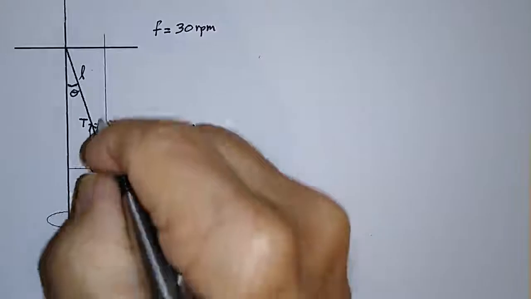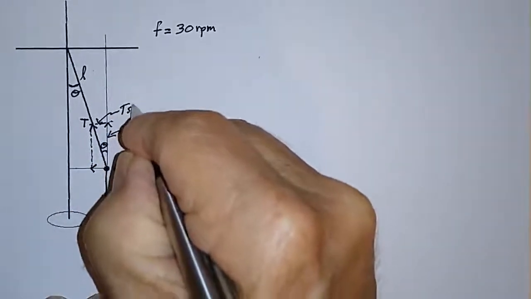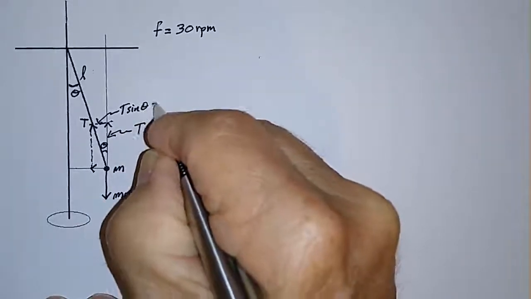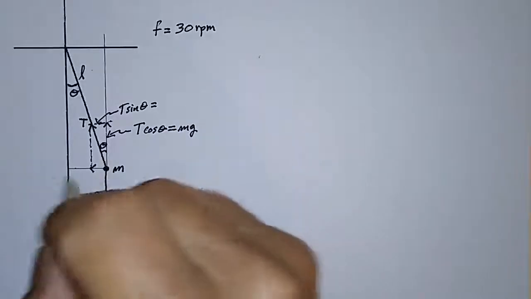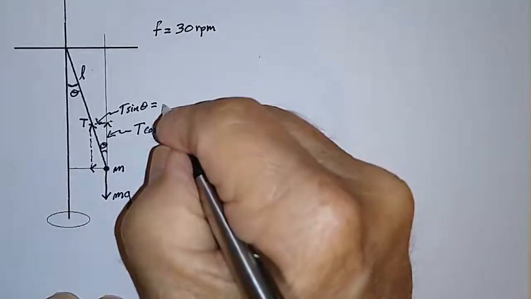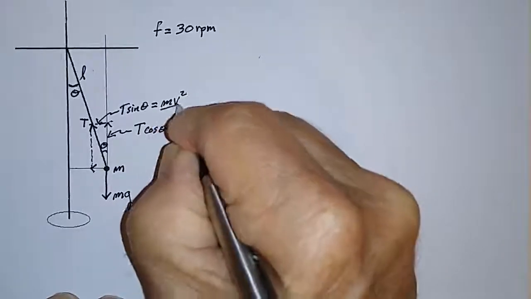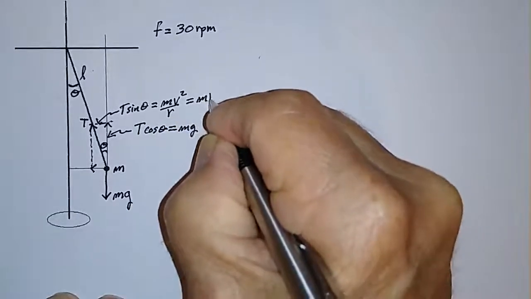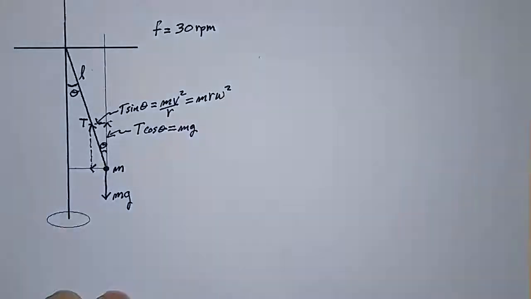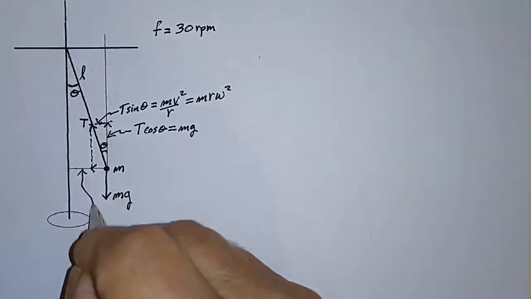and it is the component of the tension pointed inward, this component right here, T sine theta, that produces the centripetal force, and that's equal to mv squared over r, or that's also equal to mr omega squared, where r is this distance right here.